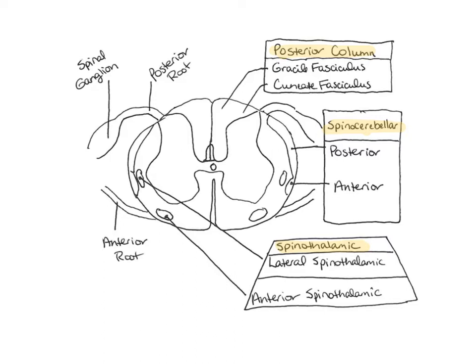The lateral spinothalamic carries pain and temperature, whereas the anterior spinothalamic carries crude touch and pressure.